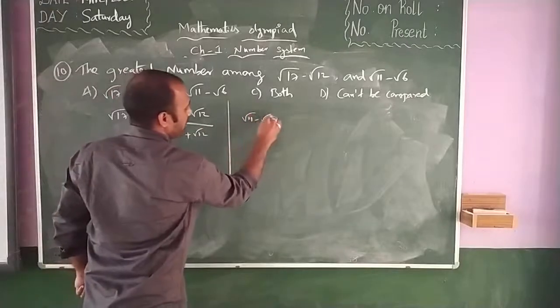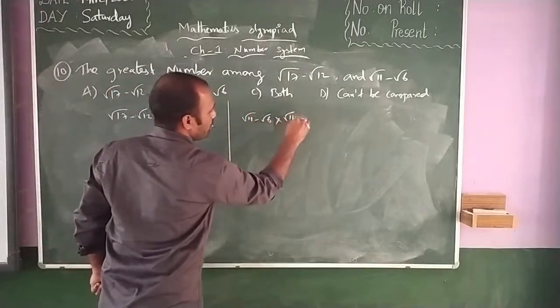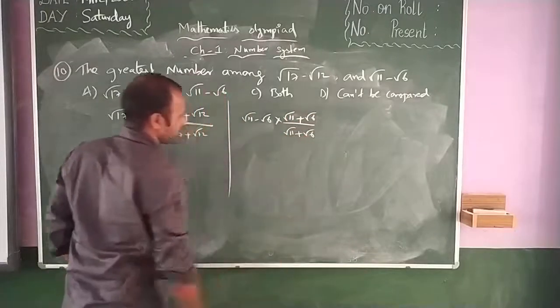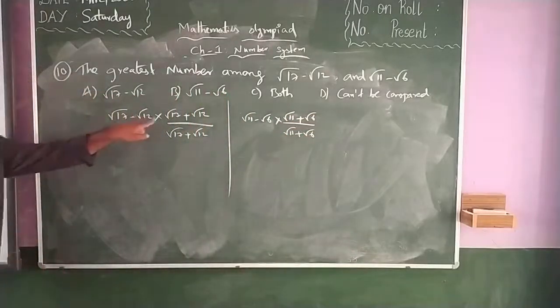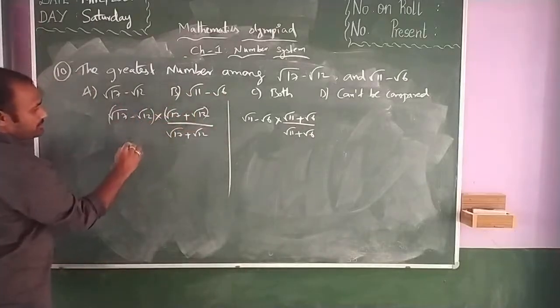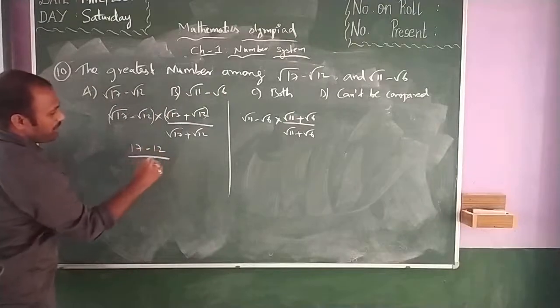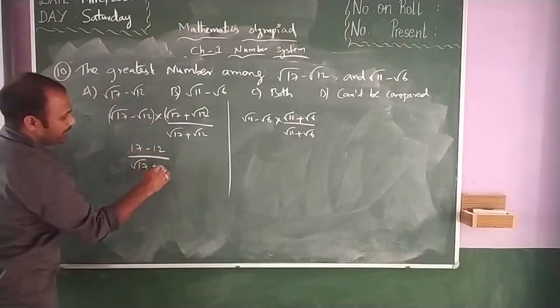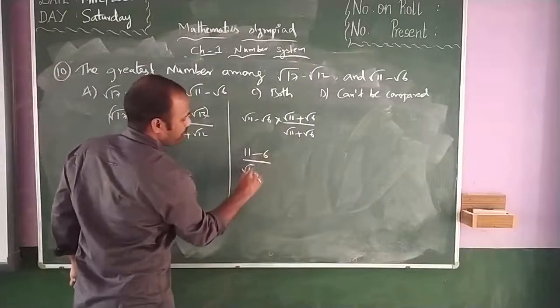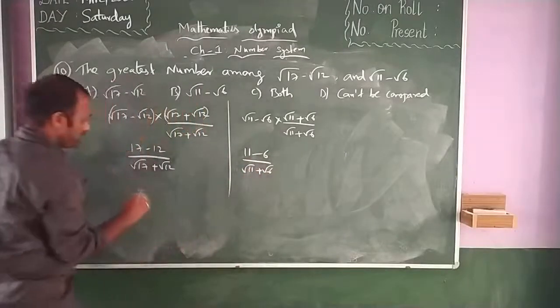Next, root 11 minus root 6 into root 11 plus root 6 divided by root 11 plus root 6. Here it is in the format of a square minus b square. So that is 17 minus 12 divided by root 17 plus root 12, and 11 minus 6 divided by root 11 plus root 6.